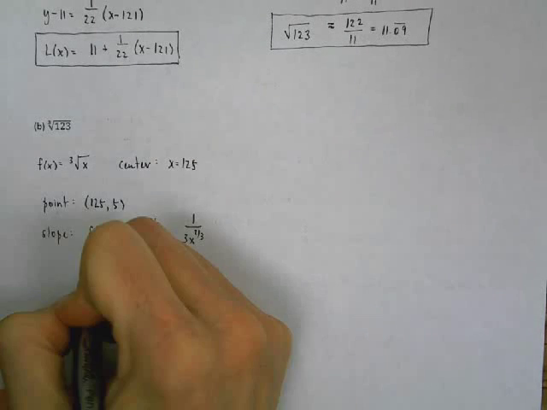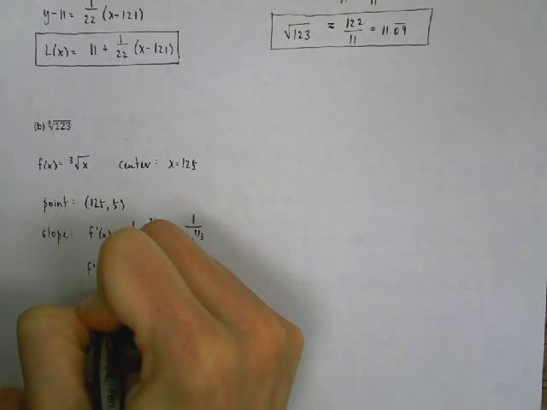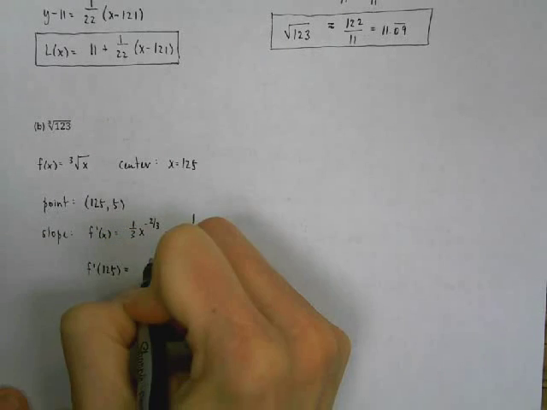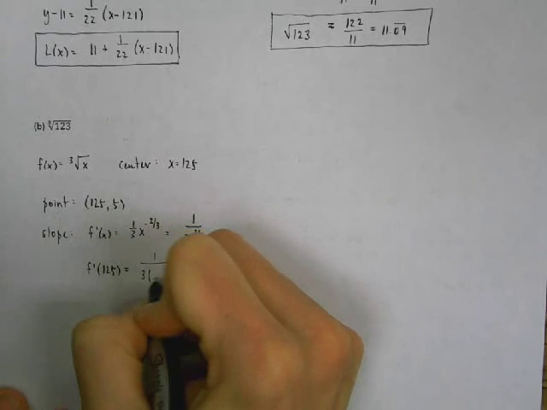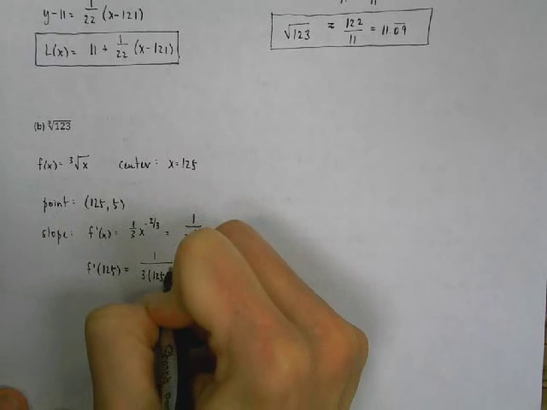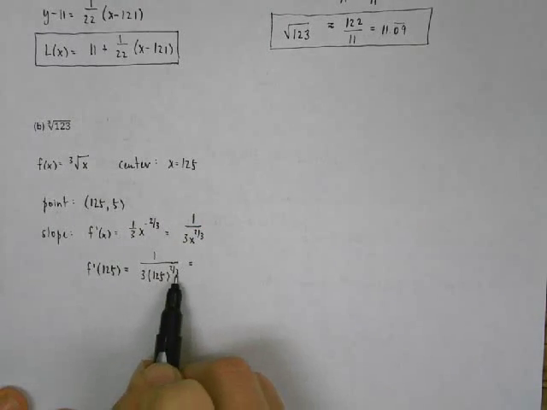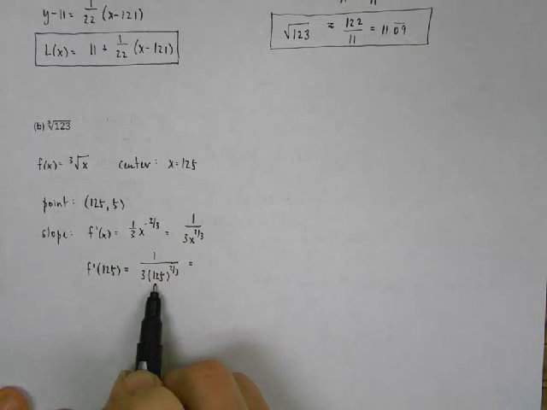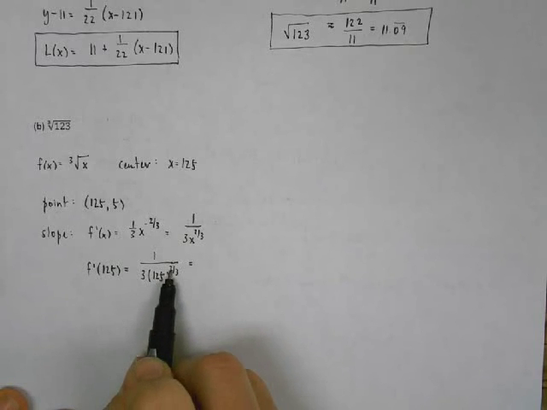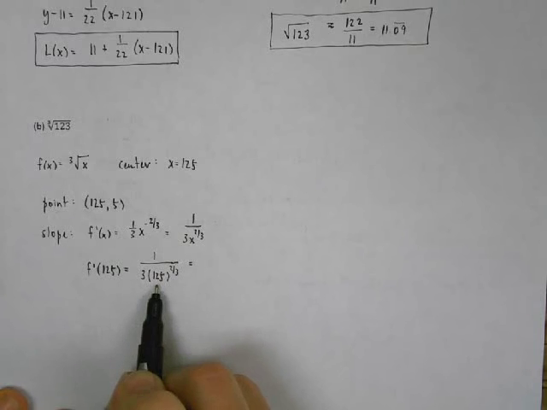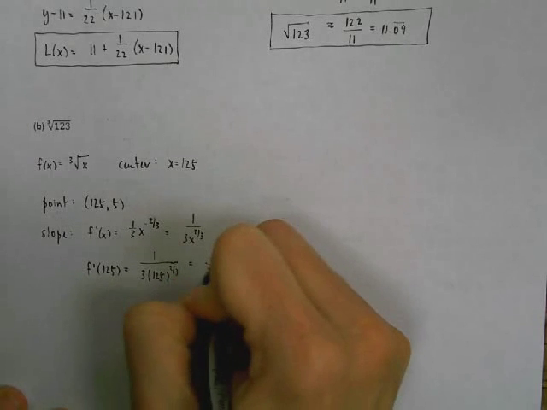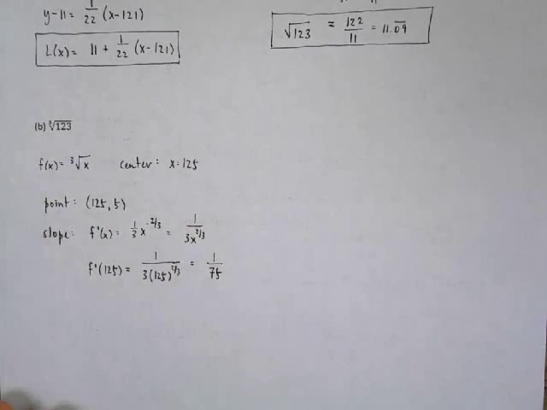So now f prime of 125 is just 1 over 3 times 125 to the 2/3. So now to evaluate this, I know the cube root of 125 is 5. 5 squared is 25, and 25 times 3 is 75. So our slope is 1 over 75.